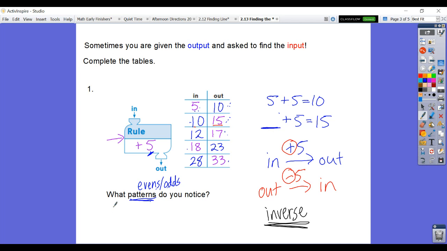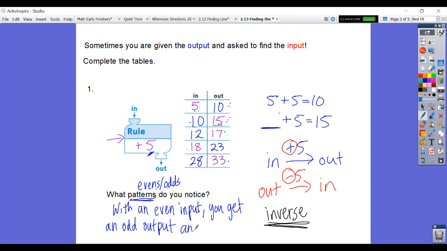I'm going to write that: with an even input, you get an odd output. And I'm going to teach you a fun phrase that will save you time. We could write, and with an odd input, you get an even output, or you could say, and vice versa. That phrase just means basically the same if you flip it, but it saves you a lot of writing.